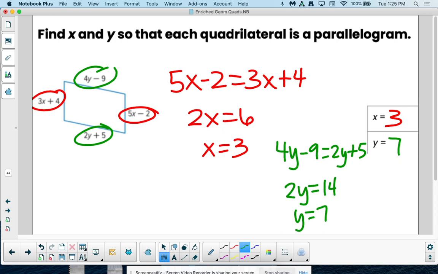Yeah. Okay, wonderful. Okay, flip the page when you're ready. We're going to look at what happens when our parallelograms are in the coordinate plane.